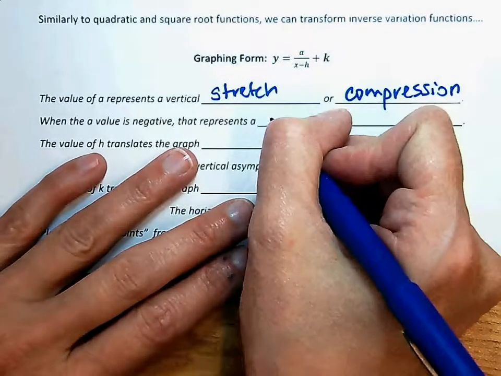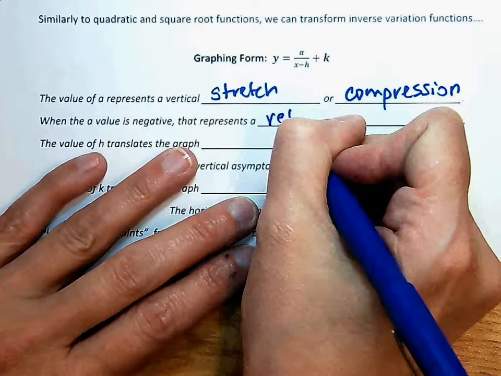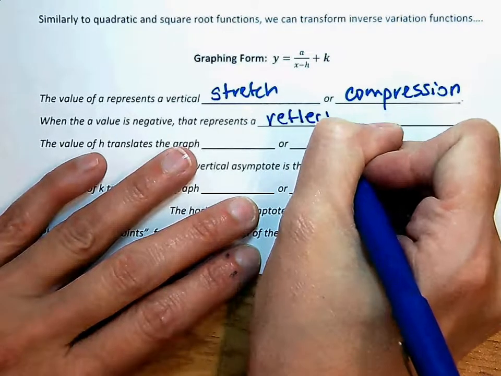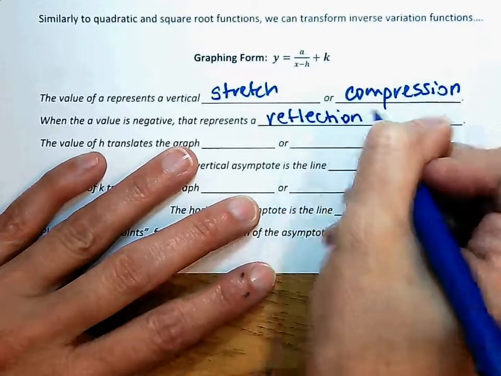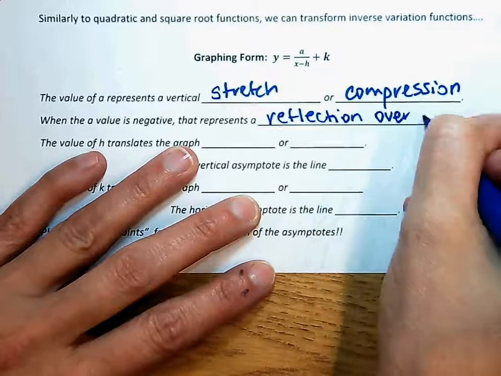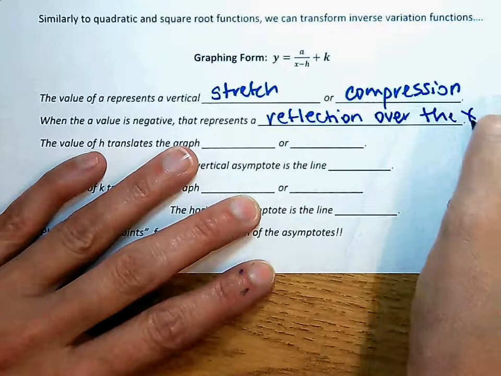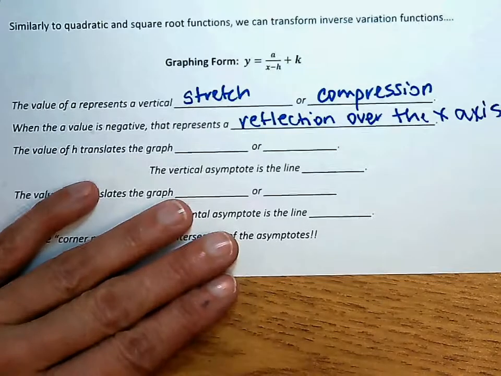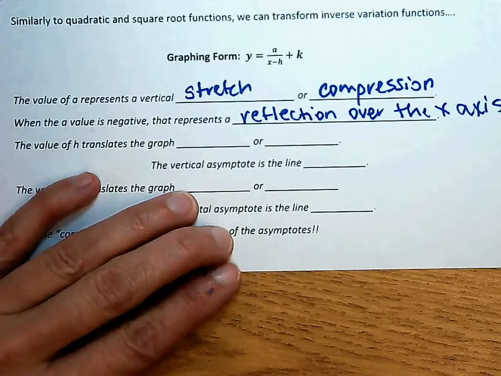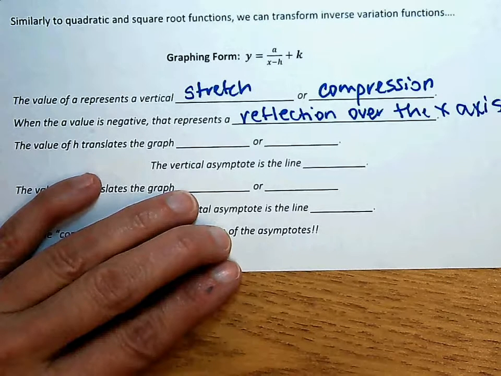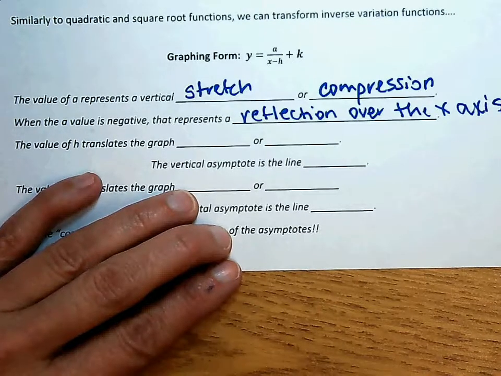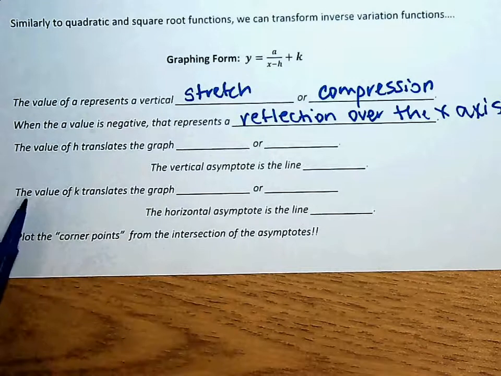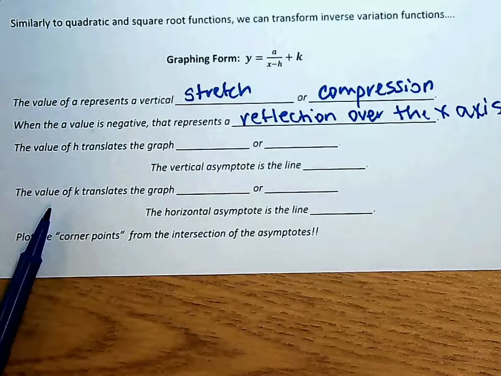So that represents a reflection over the x-axis. That's the same rule you learned as soon as you learned to transform something. Instead of it being like this, it would be like this. So this is where we start, and then it would go here.